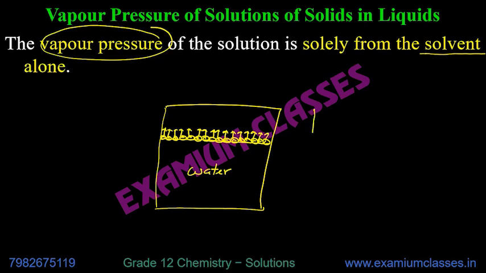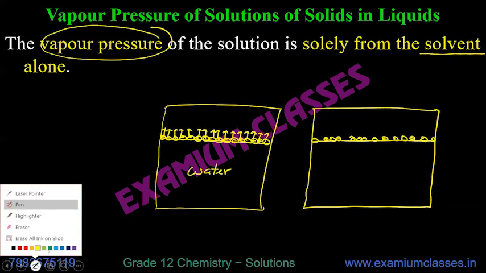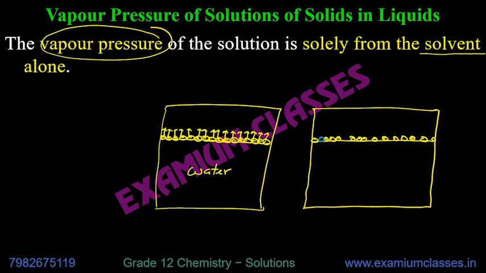Now, suppose I mix a solute in it, say sugar. Now there will be a few molecules of solute here. It's not just water. And these solutes are not volatile. So the number of particles which can get vaporized is now less than earlier.